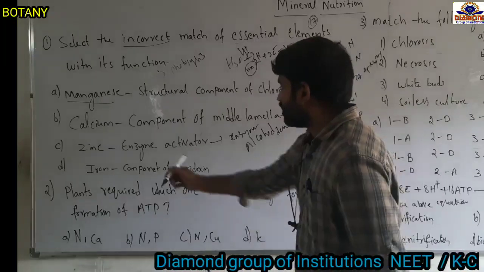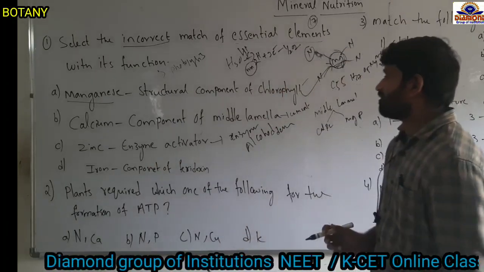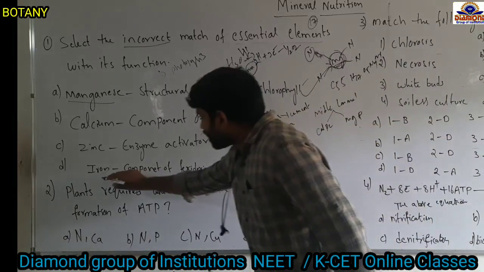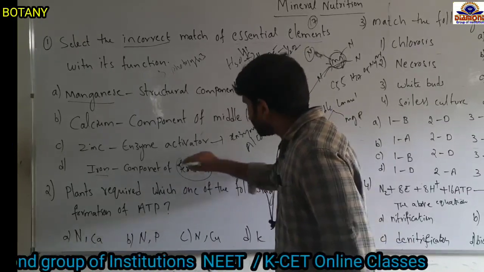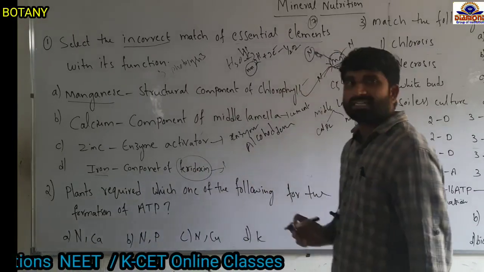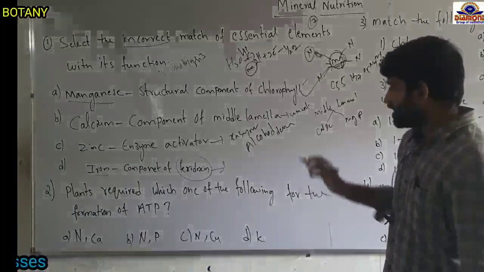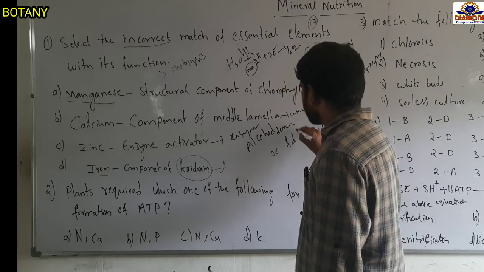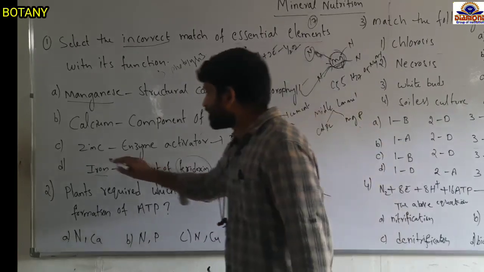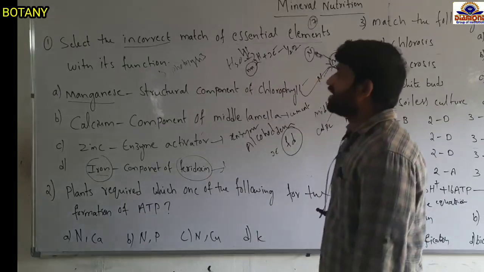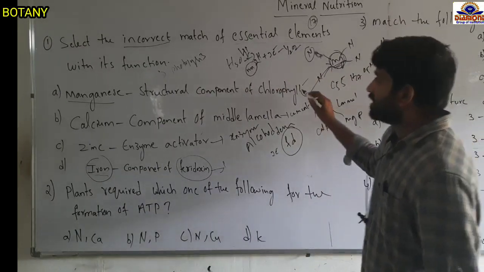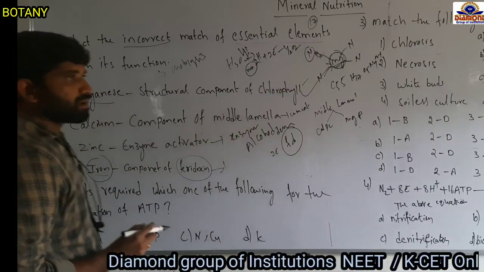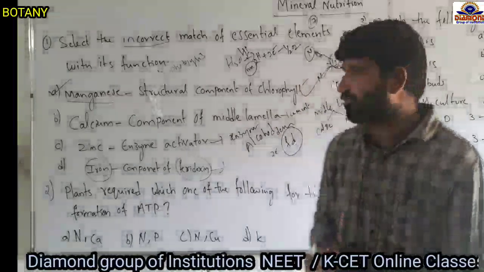And option D, iron, component of ferredoxin. Iron is also involved in photosynthesis, majorly in ferredoxin. In the cyclic and non-cyclic electron transport system, finally the electrons are received by ferredoxin, which is made up of iron. So out of the given options, the incorrect combination is manganese. They gave it as a structural component of chlorophyll, but it is not; it is involved in the photolysis of water.